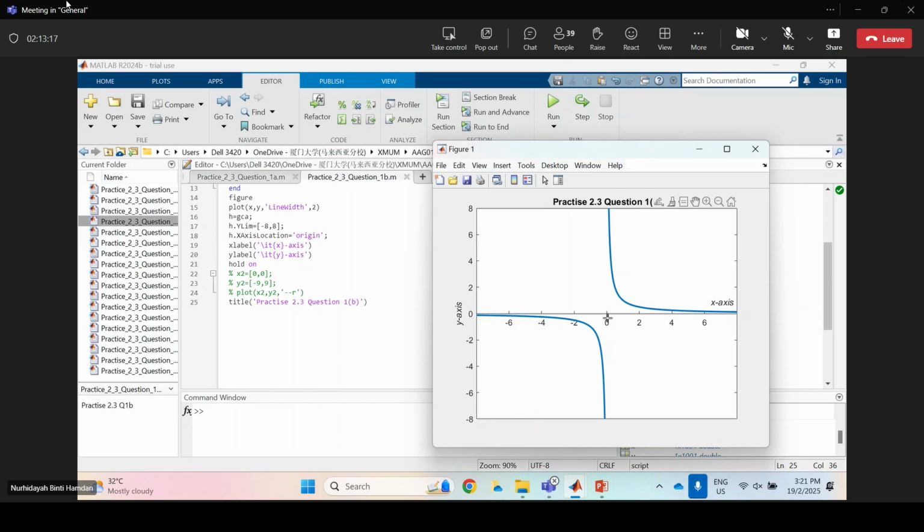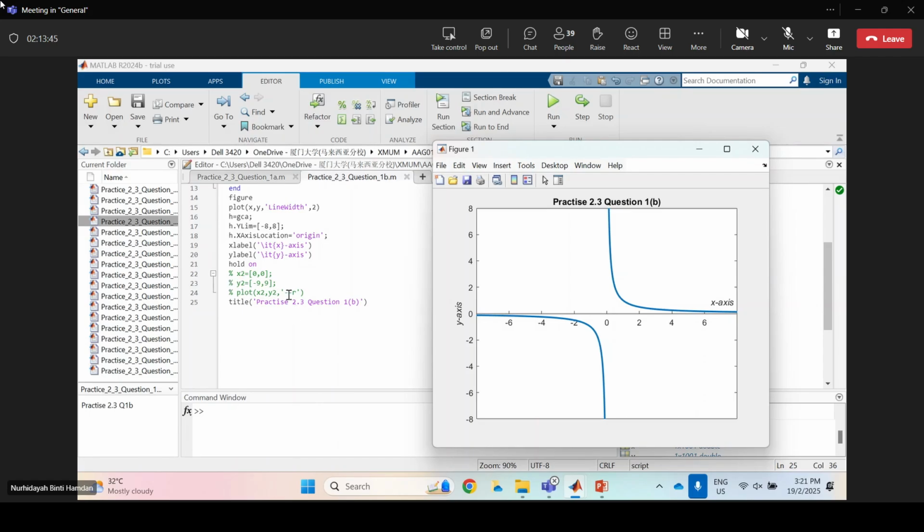I know this is the reciprocal graph, and for the reciprocal graph we have an asymptote line at y is equal to 0. Now you see my box here shows that I only have values from 0 to -8 and 0 to 8. So I put the asymptote line here from 0 to 9 and 0 to -9.